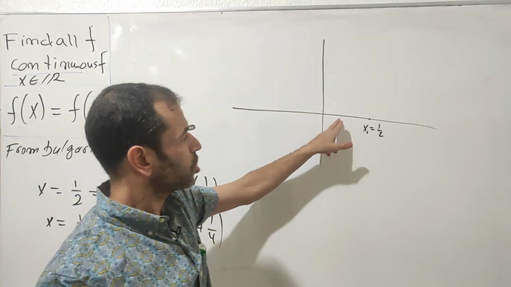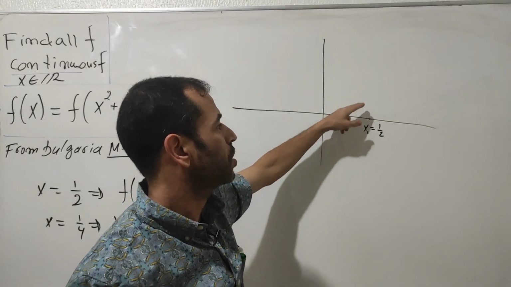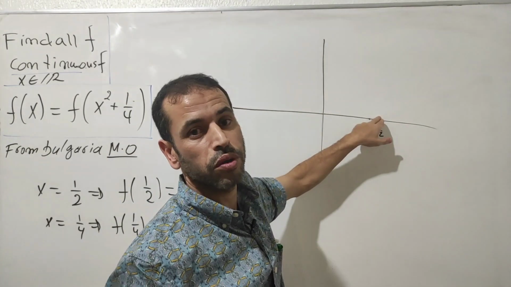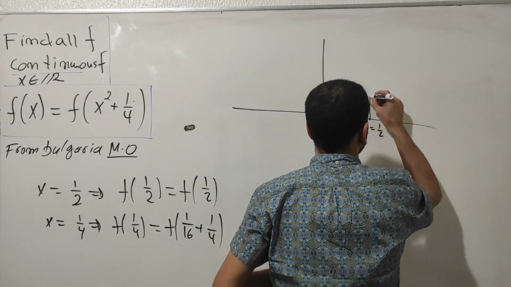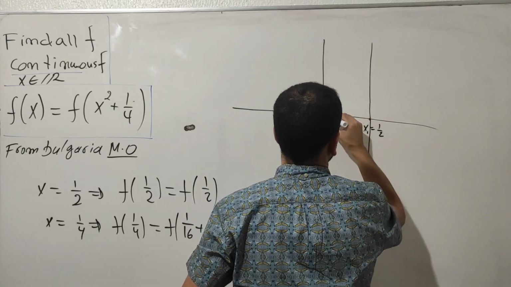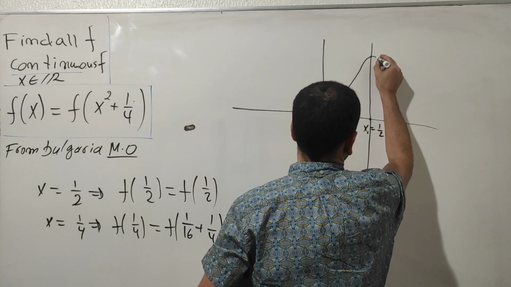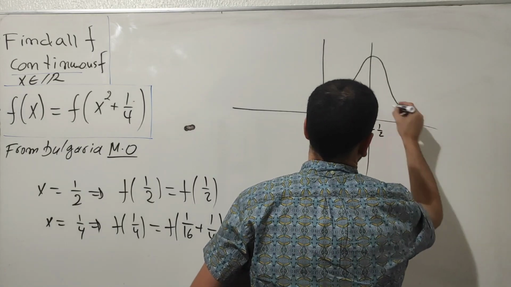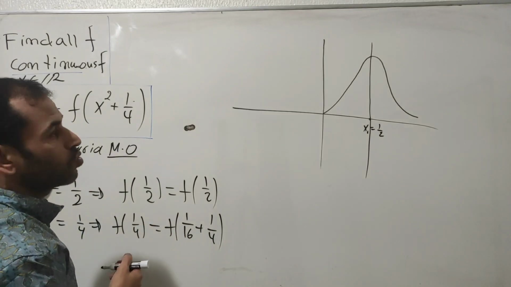That means the function is going to be increasing below this point and decreasing above this point. In other words, if I take this one as the symmetry, our function is going to look like this, for example. Then the function starts decreasing from this point. We will have the same thing in the negative direction.